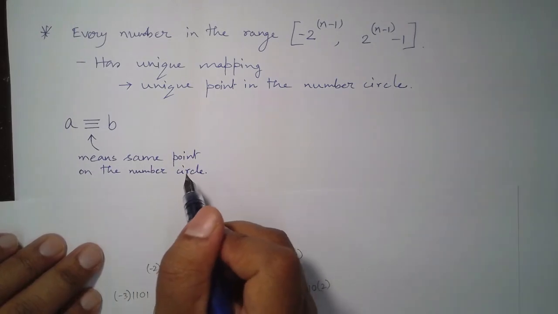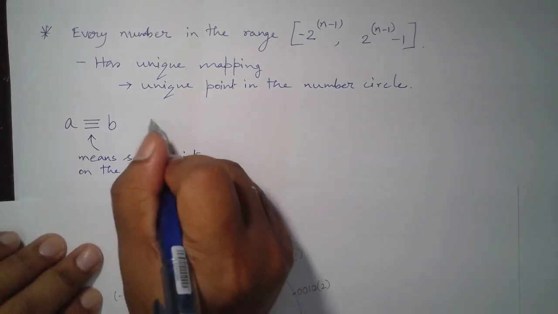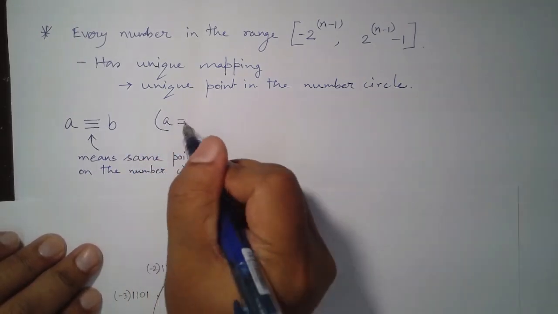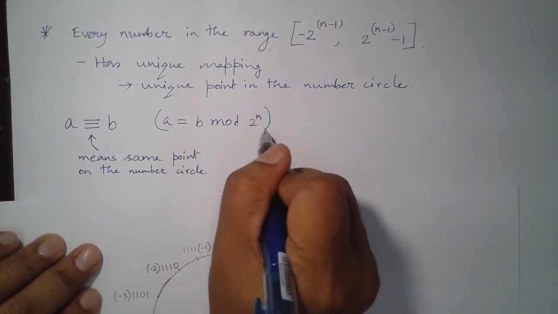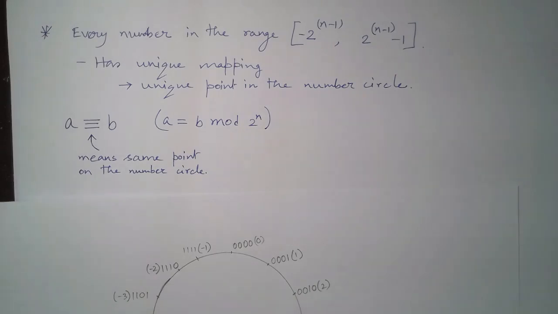All right. So it means that a is equal to b mod 2 to the power n. I hope you are all familiar with the operator mod.